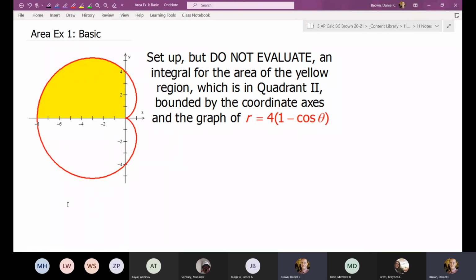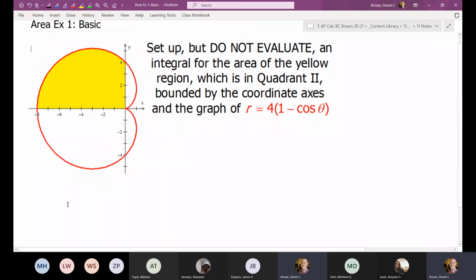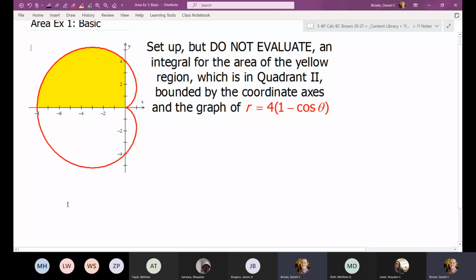Here's the most basic example, what I think is also the easiest example to look at. So I have: set up, but do not evaluate, an integral for the area of that yellow region. It's in quadrant 2, bounded by the coordinate axes, the x and y axes, and then we have the graph r is equal to 4 times 1 minus the cosine of theta.